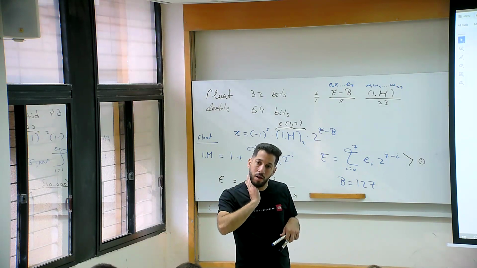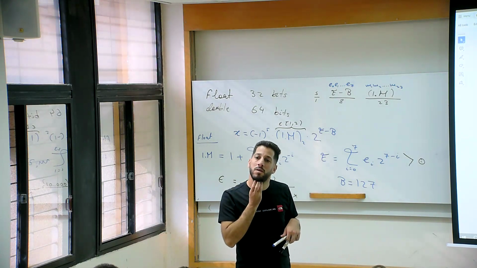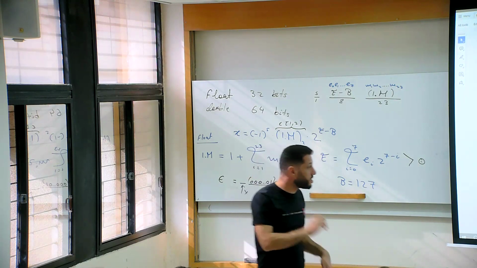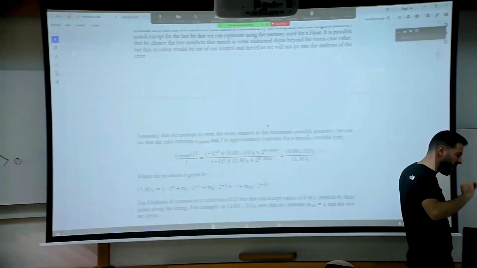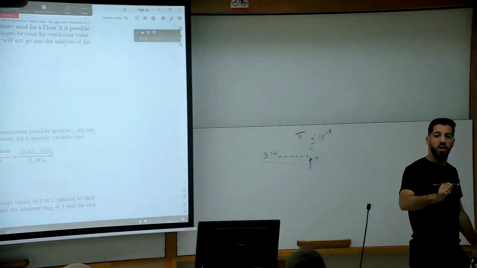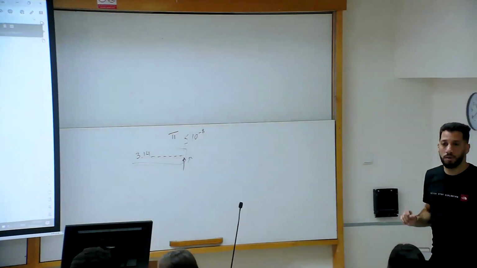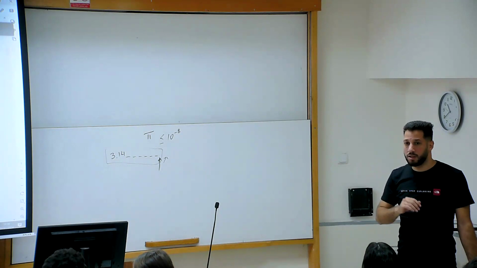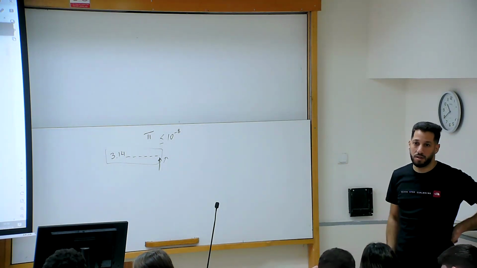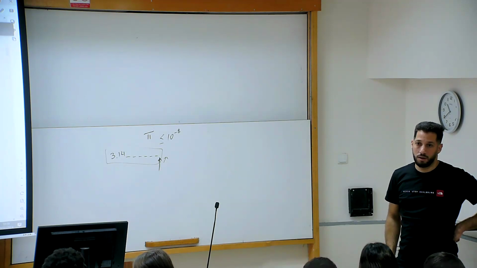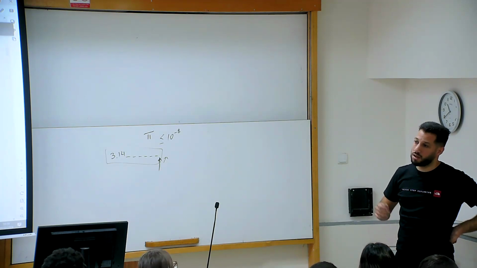This is the rounding error. I have a number which I know theoretically, and I want to store it in the computer in 32 bits or 64 bits, when I know the theoretical number.